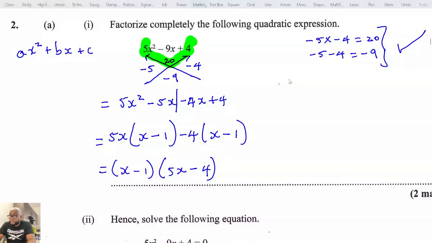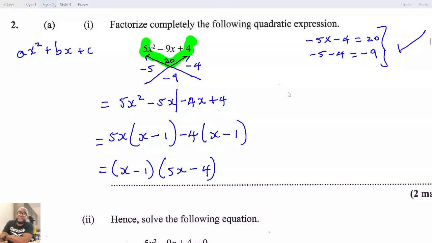Cool? When you get that 20, you take the number that is in the middle, which is -9, and you write it underneath here. So we're looking for 2 numbers that multiply to give us positive 20, and the same 2 numbers must add or subtract to give us -9. -5 minus 4 gives us -9. Everybody good there?